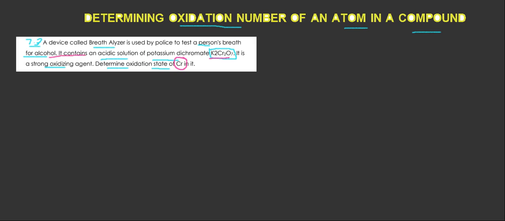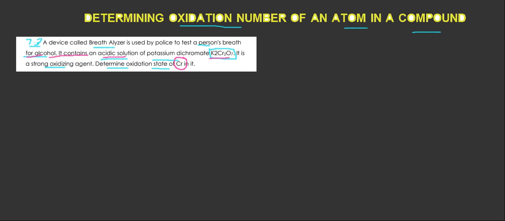In its description, the question tells us about the use of potassium dichromate: it is used by the policeman to test whether a person has drunk or not.